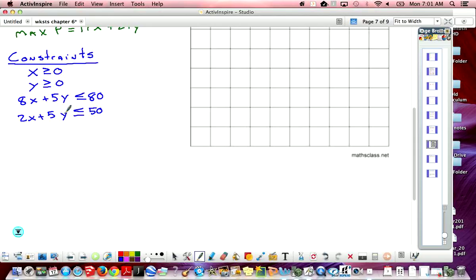So again, when I'm graphing this, I know here's my x, here's my y. I know I have to be both in positive. Here's my wall bangers. Here's my dingbats.